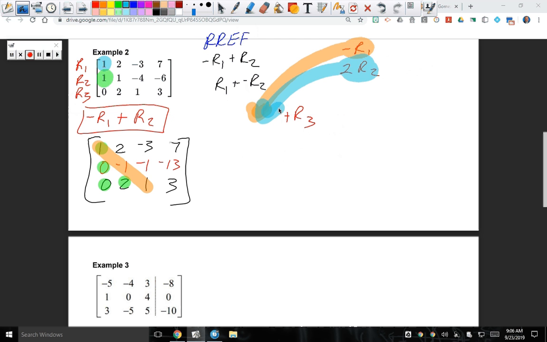If I add a negative row 1, first of all, that's a big O. You have to see that one. That one's a big O. Because look at row 3. Row 3 is this right now. And if I add a negative row 1, okay, versus row 3 again, what if I add a 2, row 2?